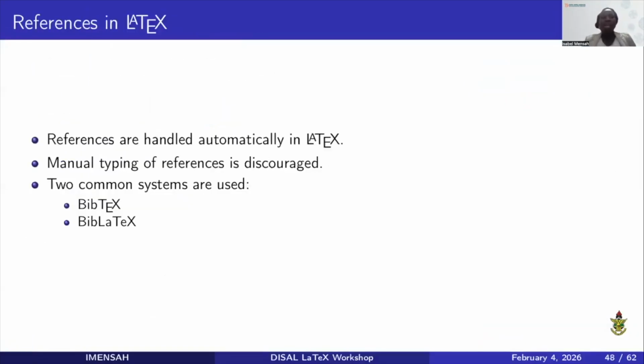Now, the last thing before Prof comes in: references in LaTeX. References is a big part of your thesis. In fact, not just your thesis, but your publications and your presentations.